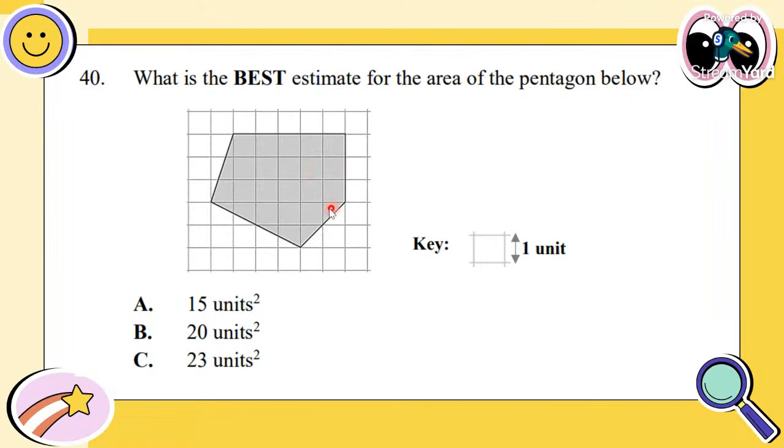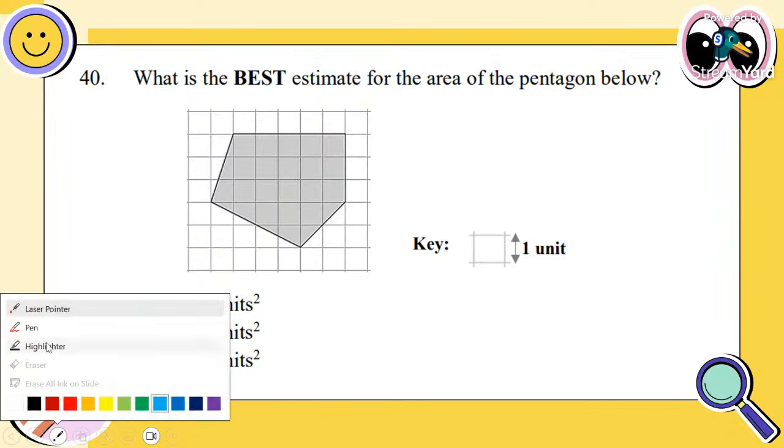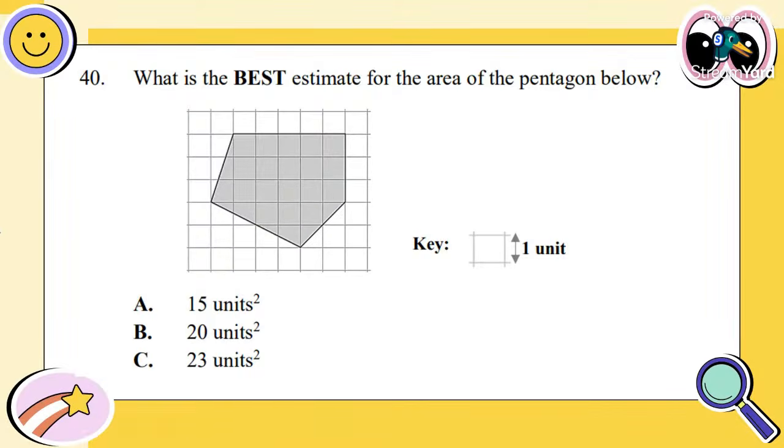If we have one that is half or more, we also count it as 1. But if it is less than half, like this, we will not count it because we're using our best estimate. Okay, so let's get into it.